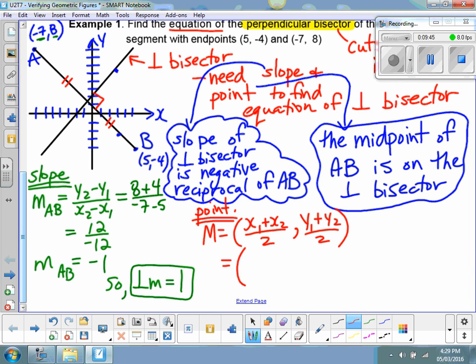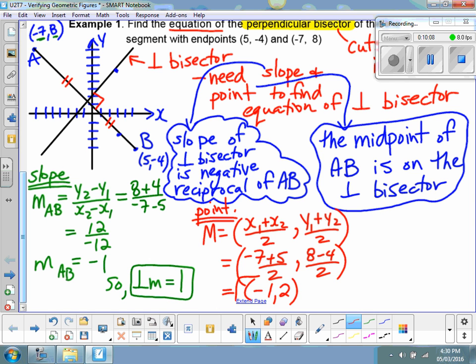So now I add the x's together. The x's are negative 7 and 5, and the y's are 8 and negative 4. So my midpoint here is negative 1, 2.